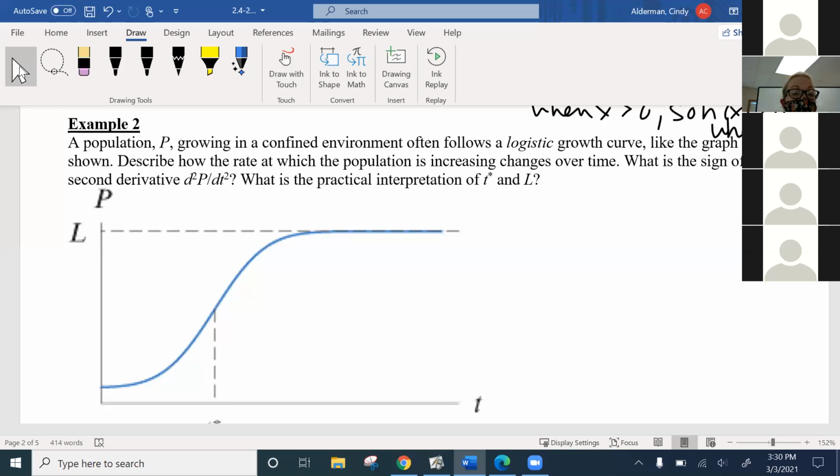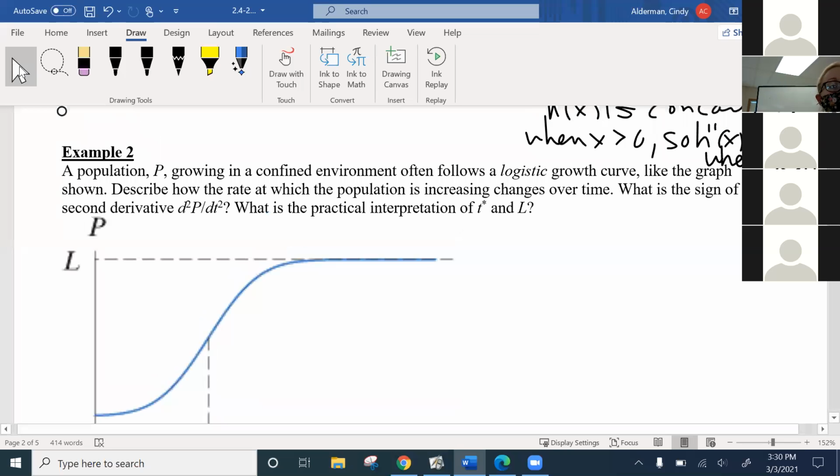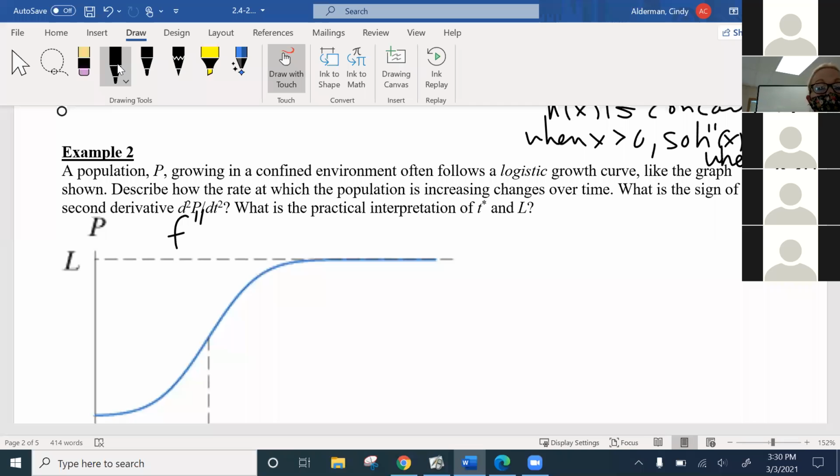What is the sign of the second derivative? And remember, this is just Leibniz notation. We're really just asking for f double prime. And then it says, what is the practical interpretation of t and L? Okay, so let's put the whole graph up here.